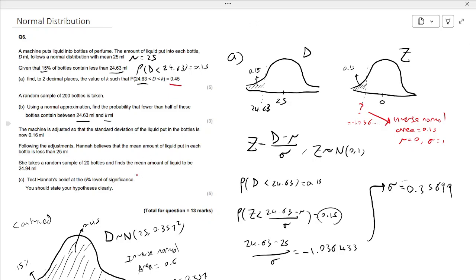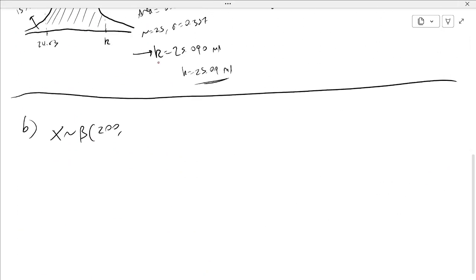That was 45%. So I'm taking 200 bottles, and each one has a 45% chance of having this much liquid. So X is the number of bottles between 24.63 and k, and X follows a binomial distribution with p of 45%.